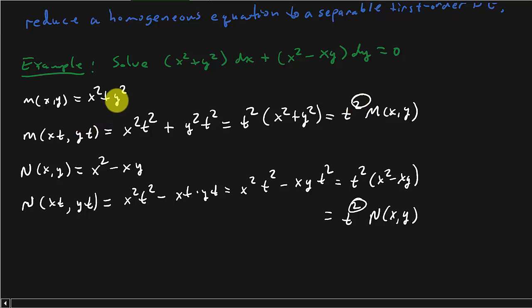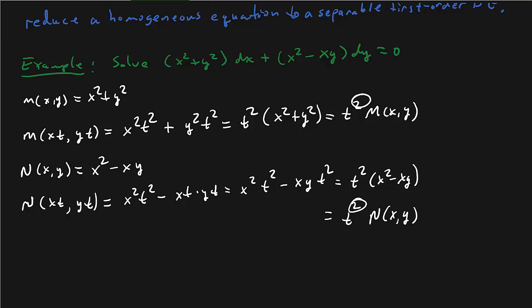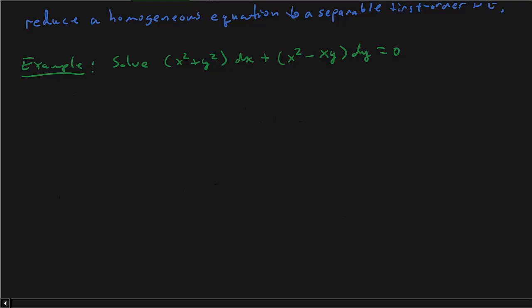So that means we can make a substitution. So what I'm going to do is erase all this so I don't run out of room. So what we're going to do here is make the substitution. We're going to let y equal u times x.